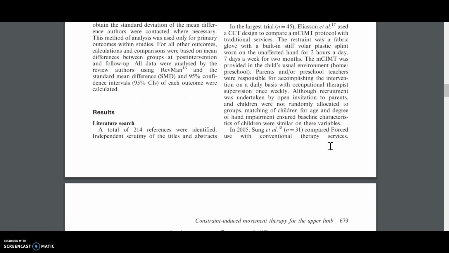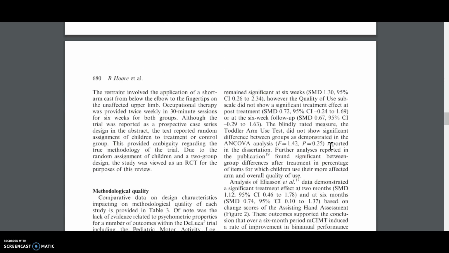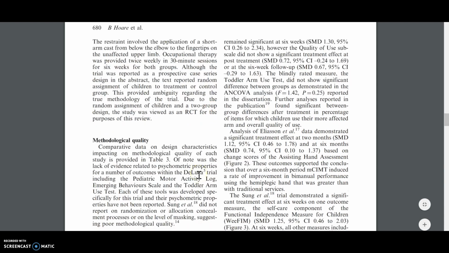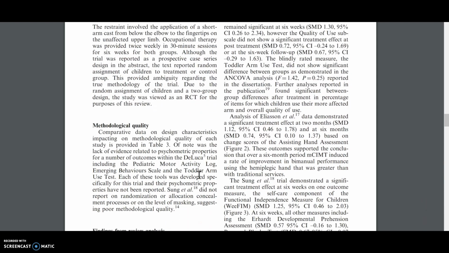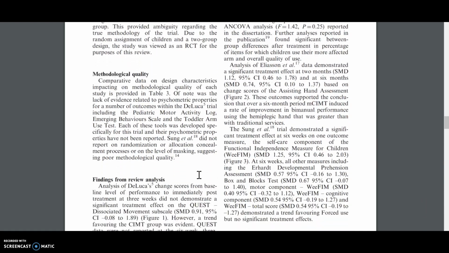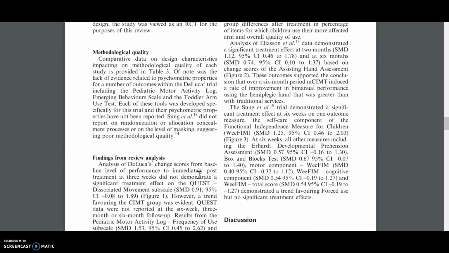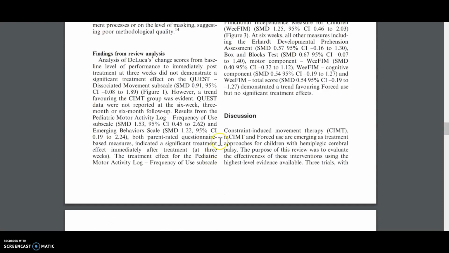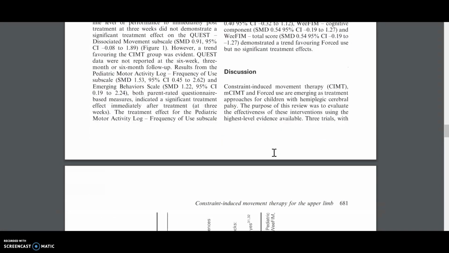So they're going to talk a little bit about the different articles that they chose and what happened. And then, as always, they're going to do a review analysis of what they determined. Okay. And then a discussion of what they found.